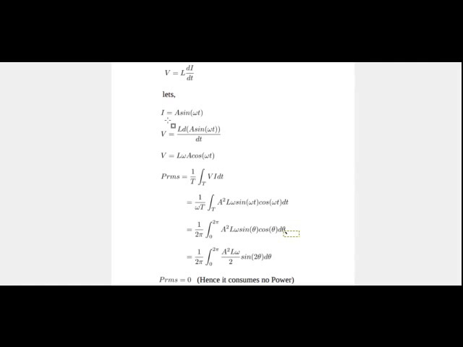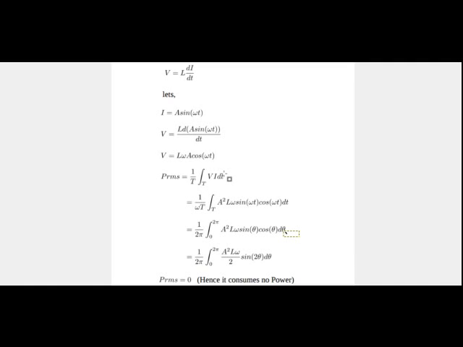Let's take the current to be I = A sin ωt. I want to derive the voltage equation, so I substitute the value of I and get V = L ω A cos ωt, where ω is the angular frequency.